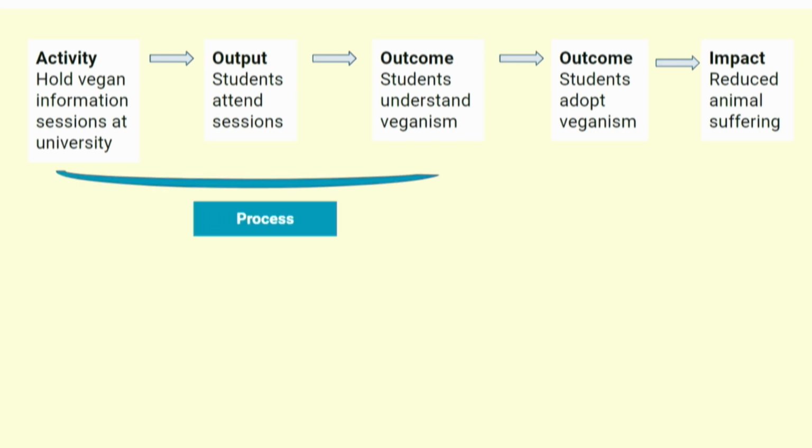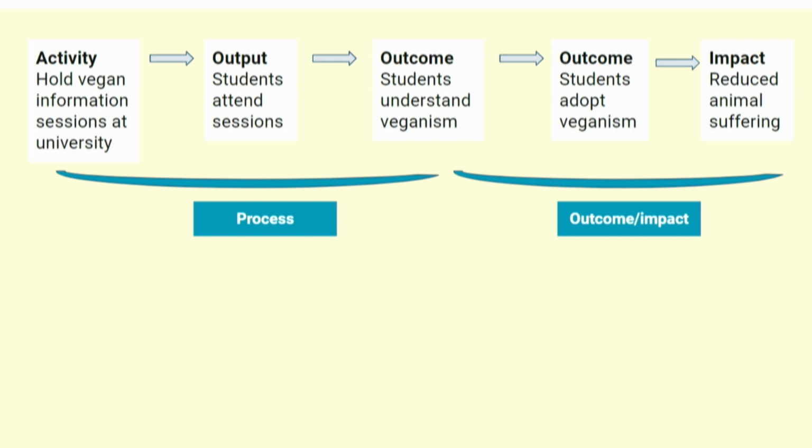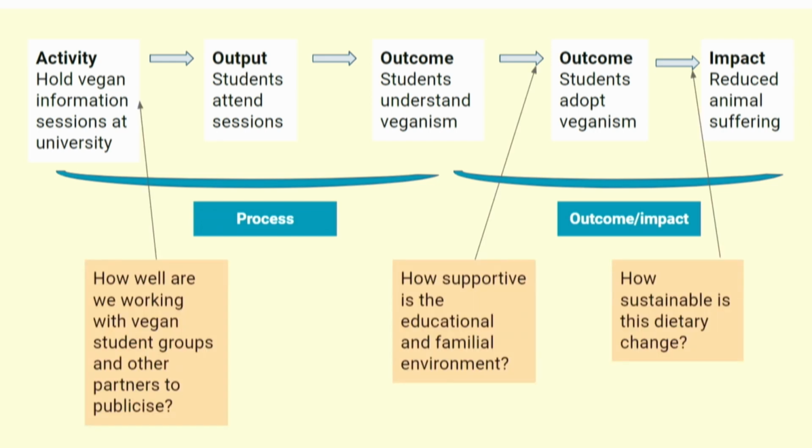So I've got a few here. This is showing you where process evaluation happens and where outcome and impact evaluation happens. And here are some additional questions. Here we might be asking about how well we're working with vegan groups. Partnerships are often really important, so we want to get a sense of how well we're doing that. We maybe want to know how supportive the educational and family environment is for students, so we can understand if there are barriers.